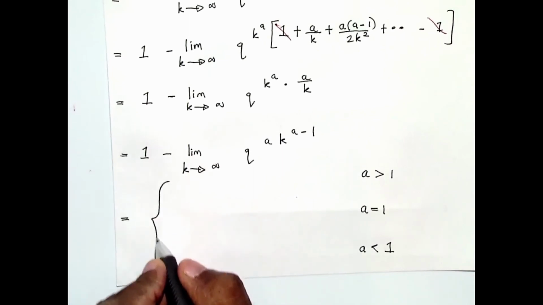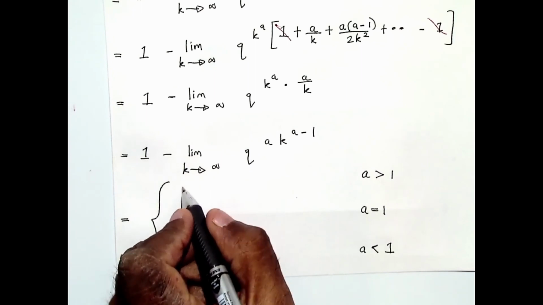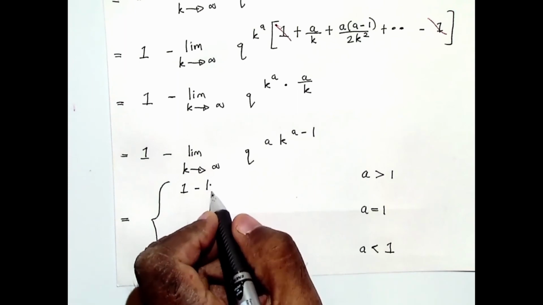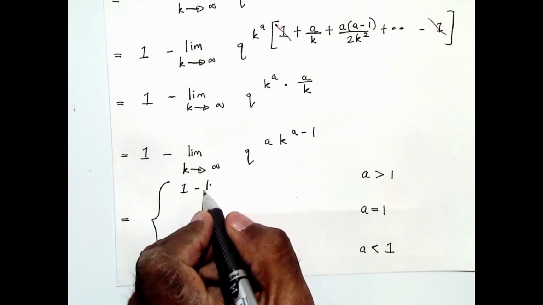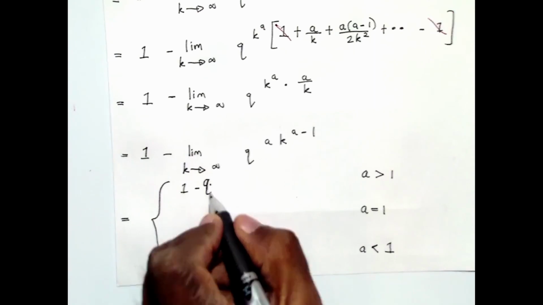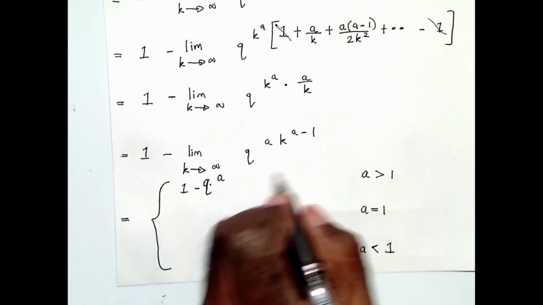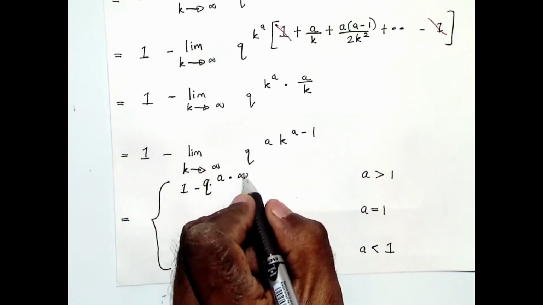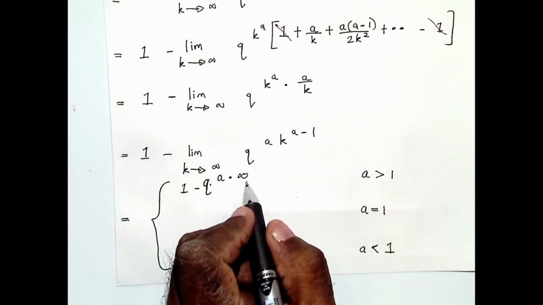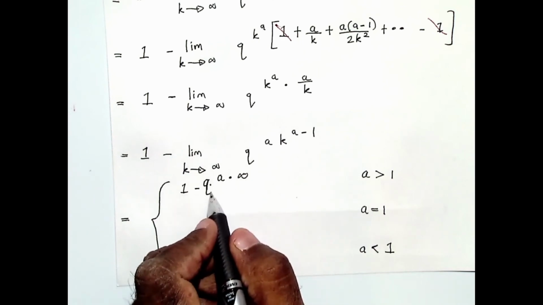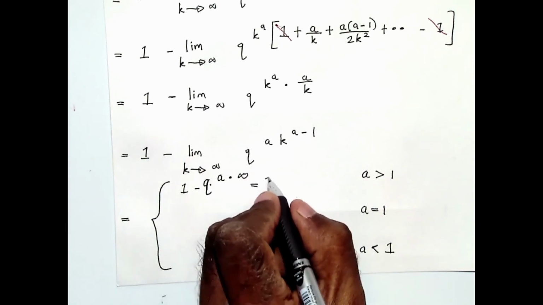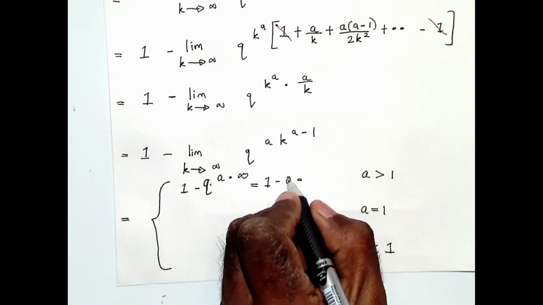Let me put this curly bracket so you know what I'm doing. So you get 1 minus q to the power a times this term goes to infinity. So a multiplied by infinity is infinity, but q is a number between 0 and 1, so that to the power infinity will be 0. So you get 1 minus 0, which is 1.